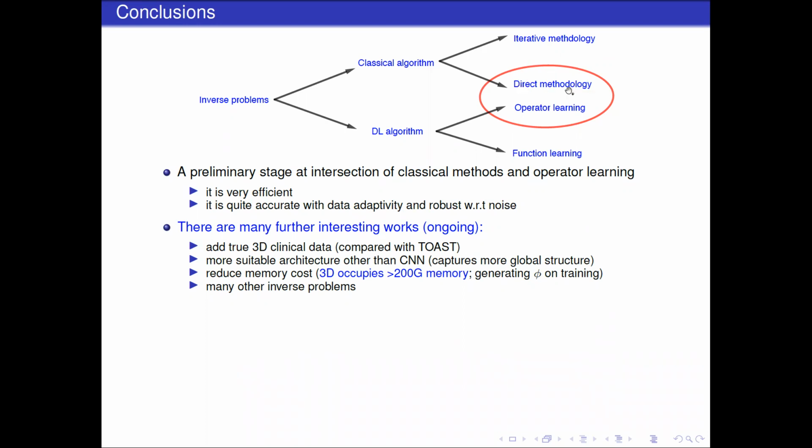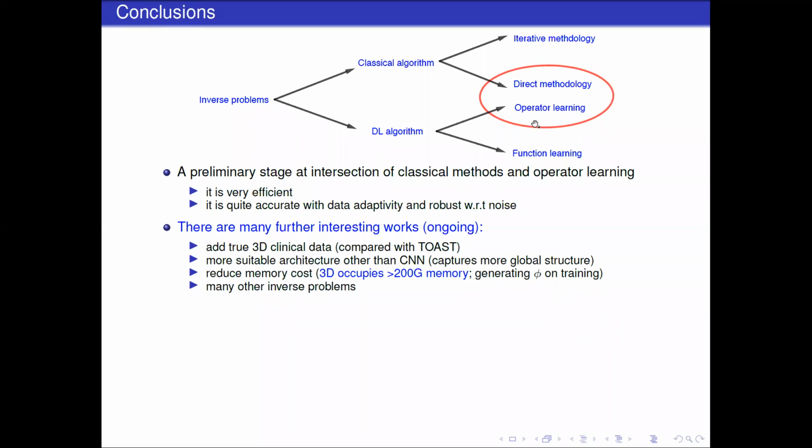Direct methodology is to get some explicit approximation to the inverse operator. We also have the deep learning algorithms, which consist of the operator learning technique and the function learning technique. Function learning is very similar to the iterative methodology, based on purely solving the optimization problem to fit the data. But operator learning is very different. They use data to obtain the inverse operator itself.